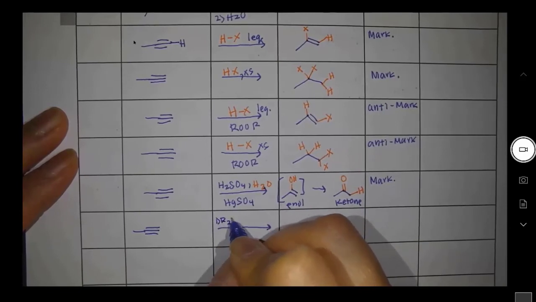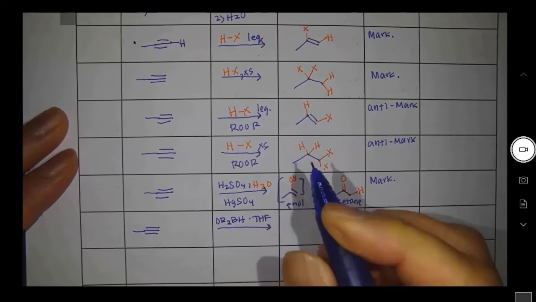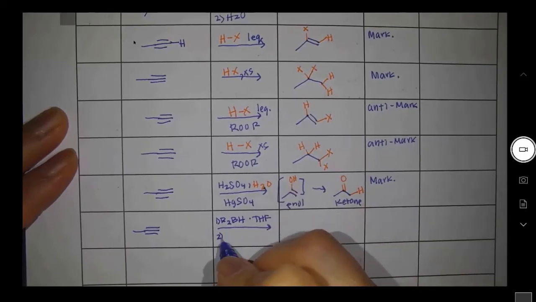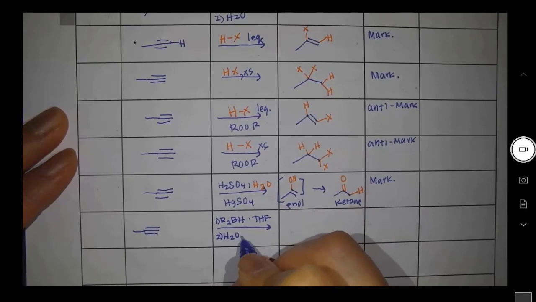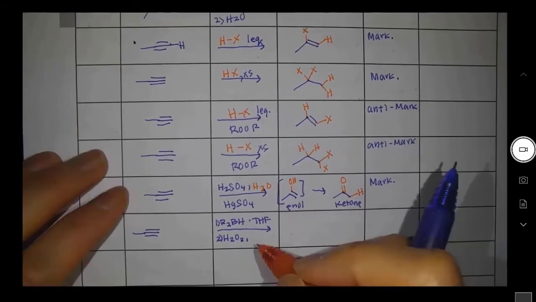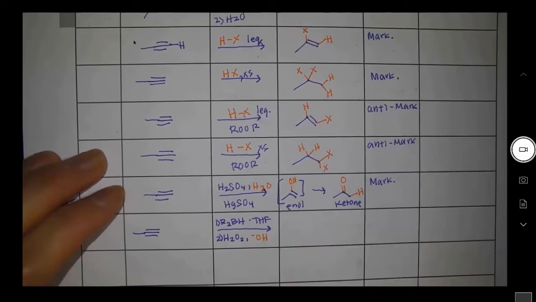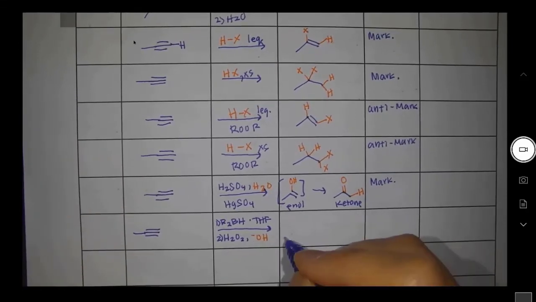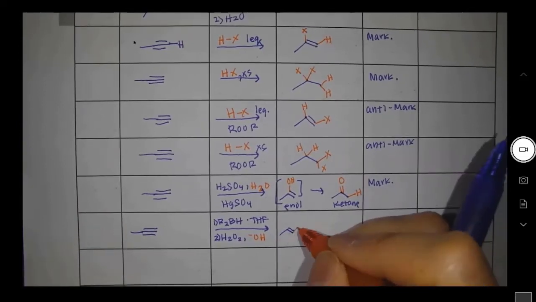If we use an R2BH with THF, OH minus, we'll also get an enol here, except our OH is on the end.